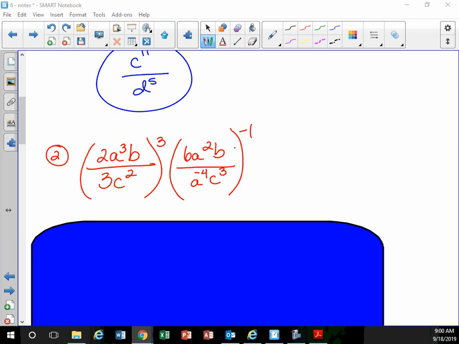Lots of stuff moving around. Yes, you do, because it's all negative. Negative one's outside, so you have to go.